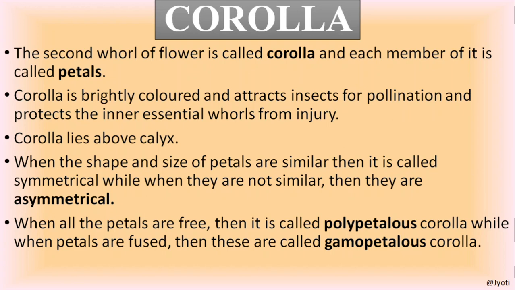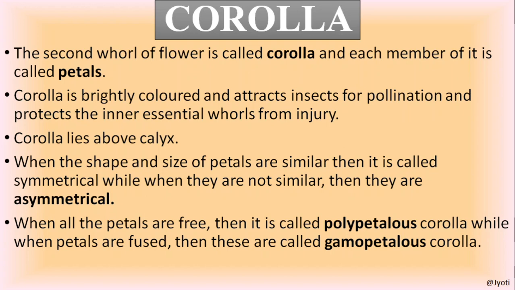Then the next floral whorl, which is present inner to the calyx, is the corolla. The individual units are the petals. Usually the corolla is brightly colored and larger in size to attract insects for pollination, and it also protects the innermost essential parts, that is androecium and gynoecium, from injury.